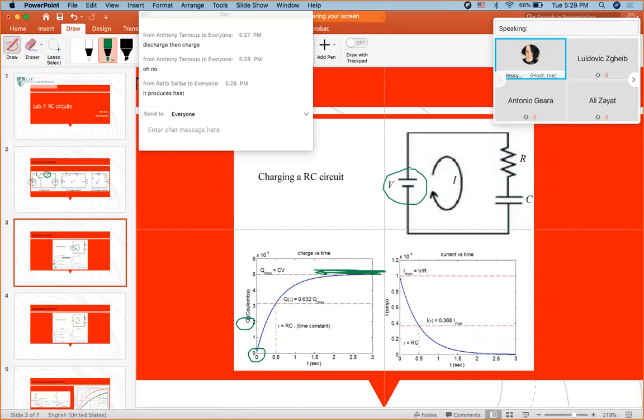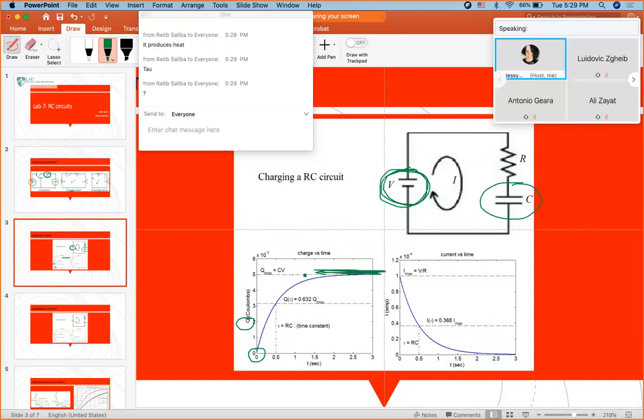How can we guess when it stops? When the potential difference across the capacitor is the same as the potential difference across the battery. Yes, so the potential difference across the capacitor cannot go beyond V. Whenever it reaches V, this is where I have equilibrium. So Q is C times V, and I can tell how much Q max is.